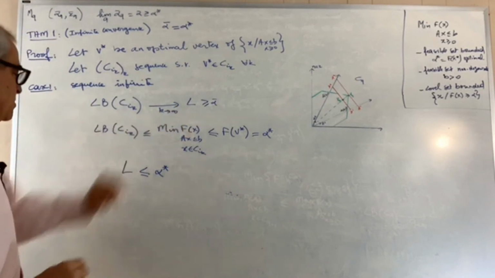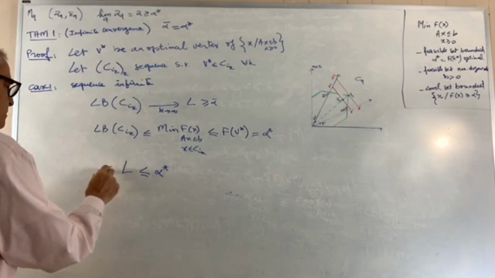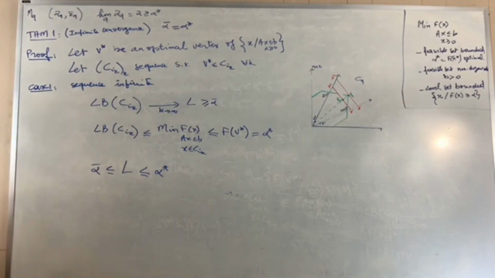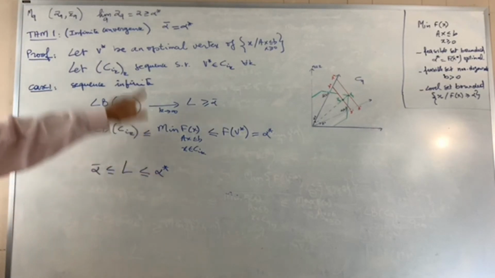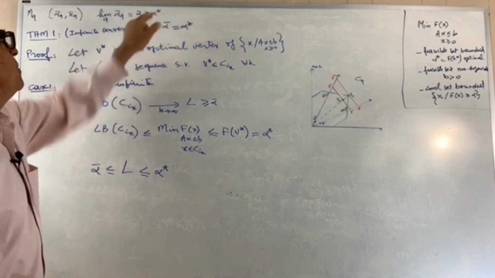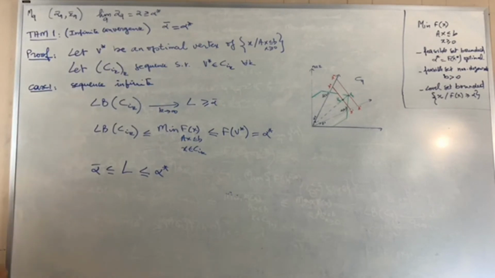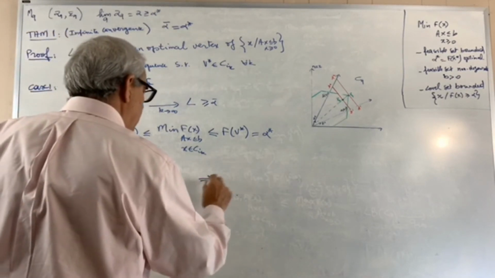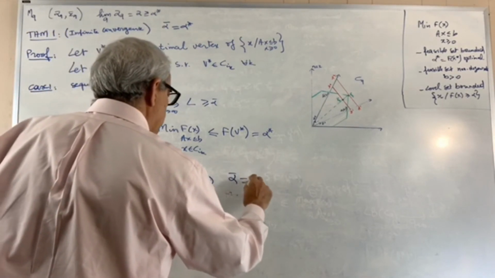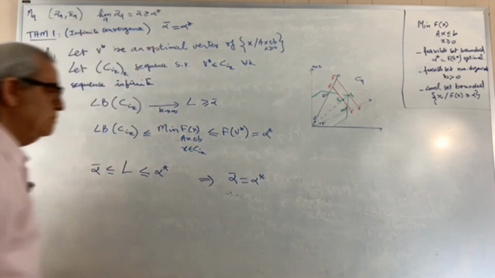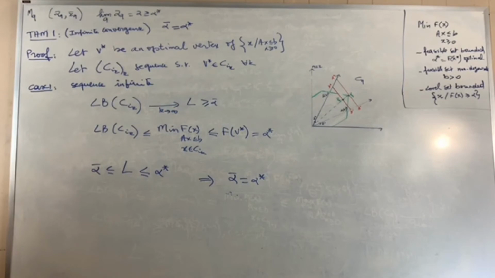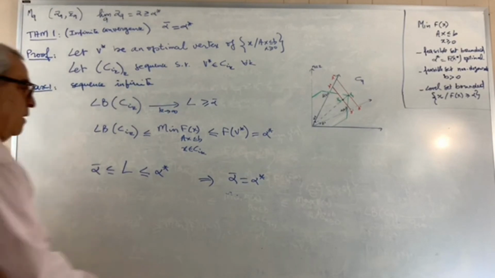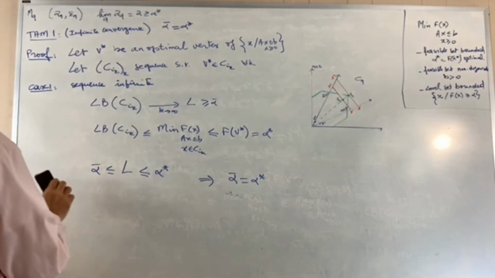But L was greater or equal to alpha bar. Therefore alpha bar is less or equal to alpha star, and alpha bar is greater or equal to alpha star, so alpha bar is equal to alpha star. That's the proof in this case. Now case 2.